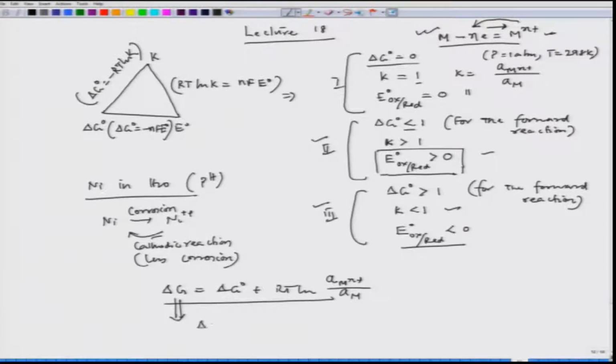If delta G is greater than 0, that means the forward reaction or corrosion reaction is not feasible.